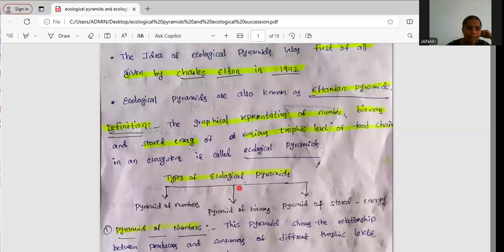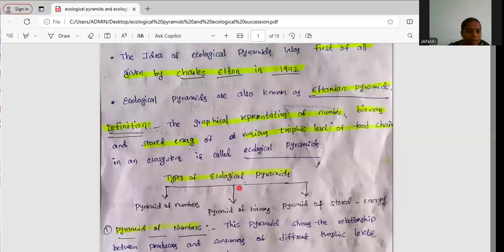The trophic level in an ecosystem may be defined as the position occupied by a living organism in a food chain. The relationship among the successive trophic levels of a food chain in terms of number, biomass and energy, which is nothing but stored content, may be represented by means of a graphical diagram.